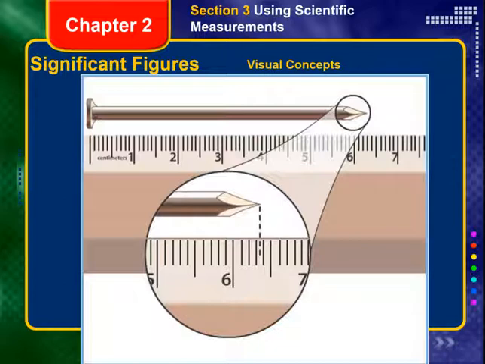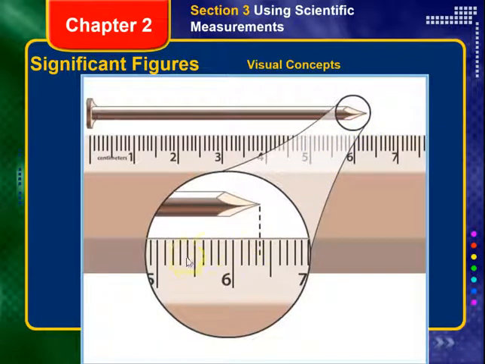The quantity is length. So as we go to measure this, we can see that the nail is clearly longer than 6 centimeters. We can see that it's longer than 6.1 centimeters. We can see that it's longer than 6.2 centimeters. But now, my eyeballs aren't really working very well for me to see exactly how long this nail is.